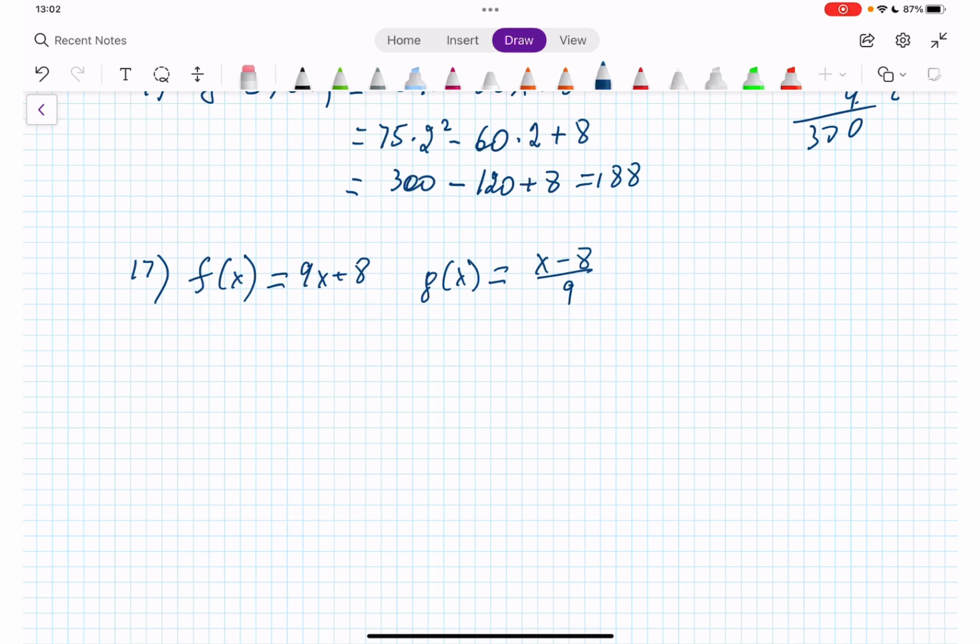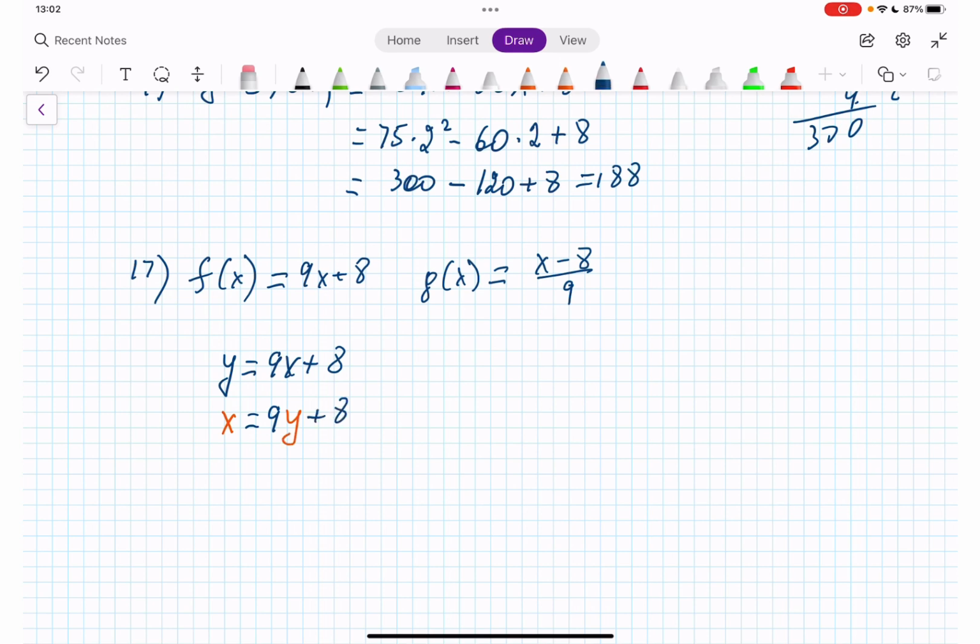So f of x is the same thing as y. I can write y is equal 9x plus 8. And our goal is to get the inverse. I have to switch x with y. So the result I'm going to get is x equal 9, and instead of x, I'm writing y, and plus 8.